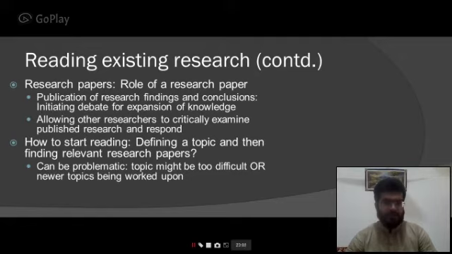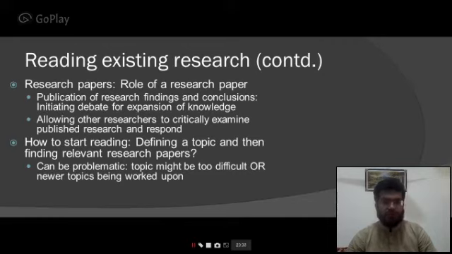So other researchers examine this research and respond to it. So if you read these research papers, you will be able to understand newer perspectives on the topic and how different scholars have written on it.